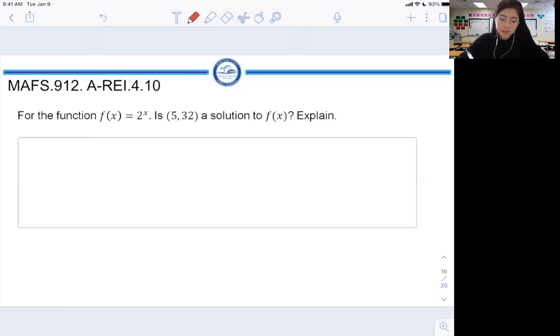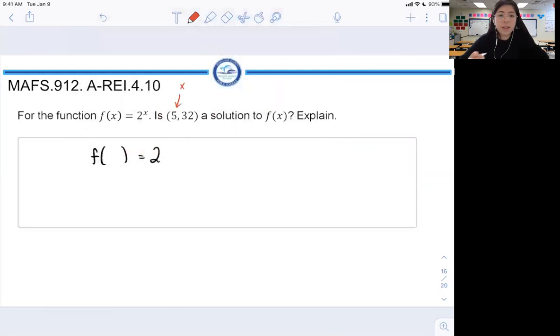And they want to know if this is a solution. So we can pretty much do the same thing. We can see if it works out. So what would I plug in to this function? Which of those numbers am I actually plugging in? The 5, yeah. Because remember, that's the x value.